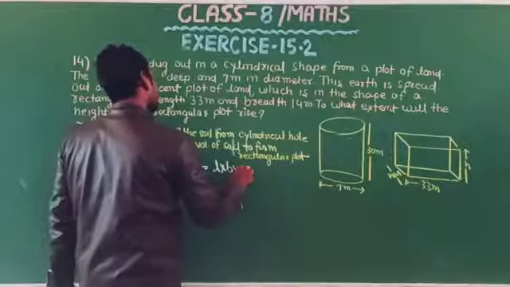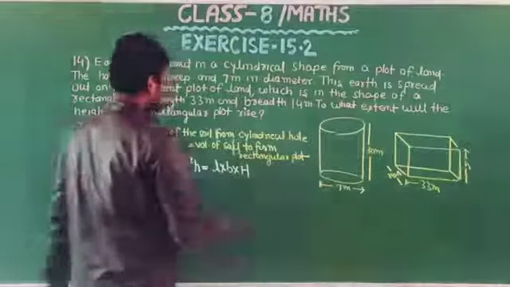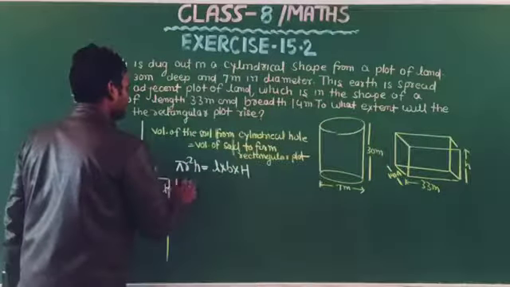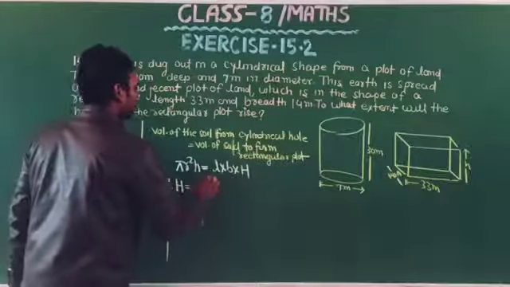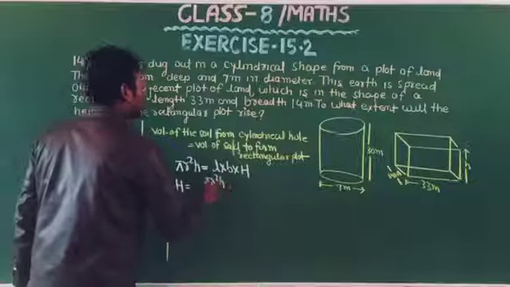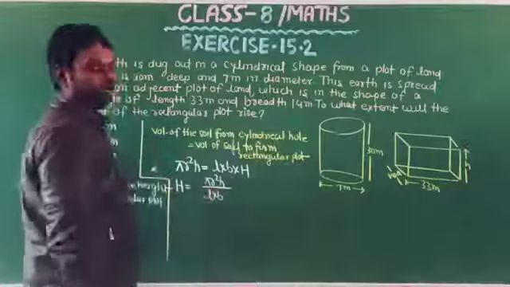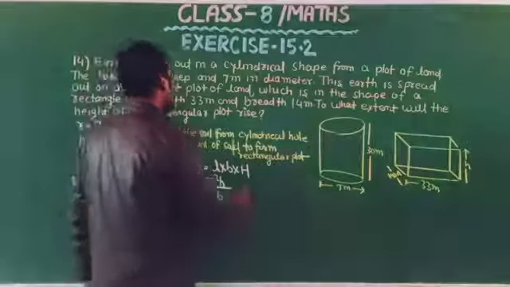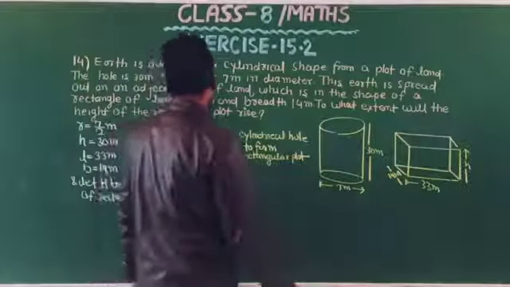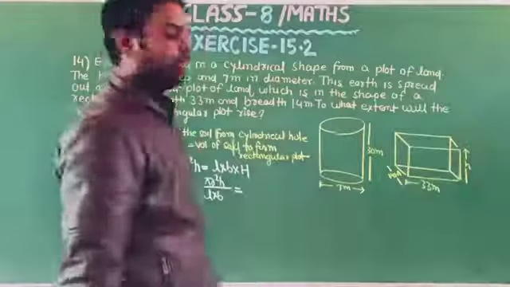Let's suppose the height is capital H. So capital H equals pi r squared small h upon L into B.